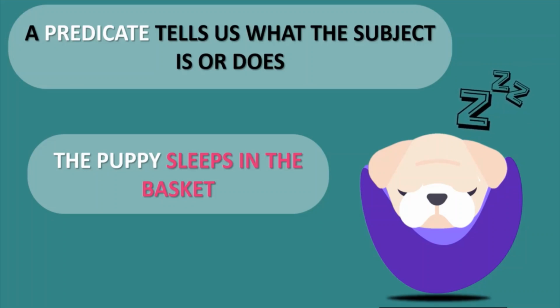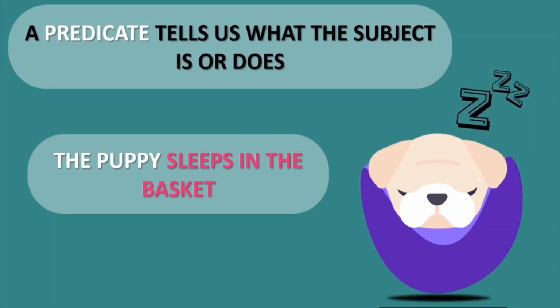So, to sum up, we see a subject is a person or thing that performs an action, and the predicate tells us what the subject does. Now we come to the different types of sentences and how we find out the subject in them.